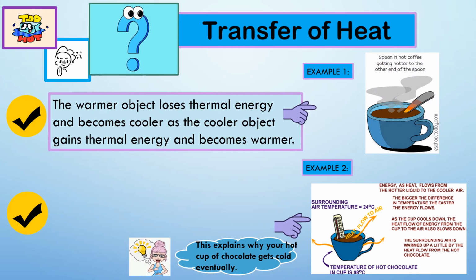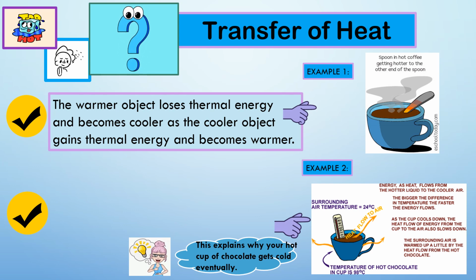Another example of heat transfer. The warmer object loses thermal energy and becomes cooler, as the cooler object gains thermal energy and becomes warm. For example, the spoon in hot coffee gets hotter toward the other end of the spoon.